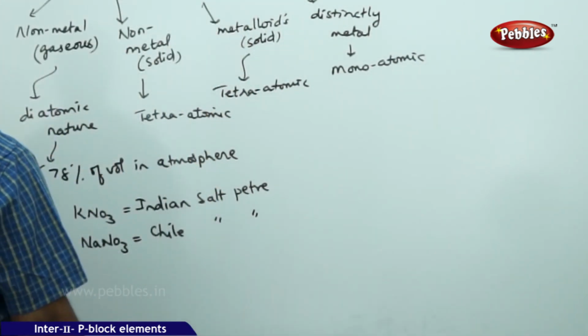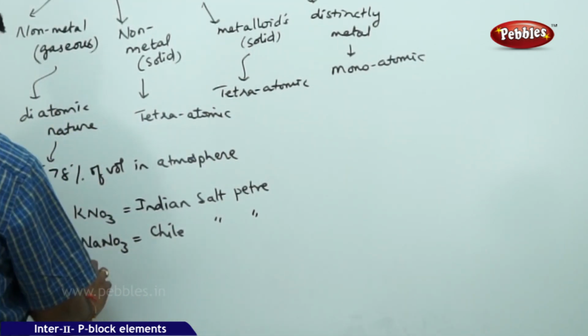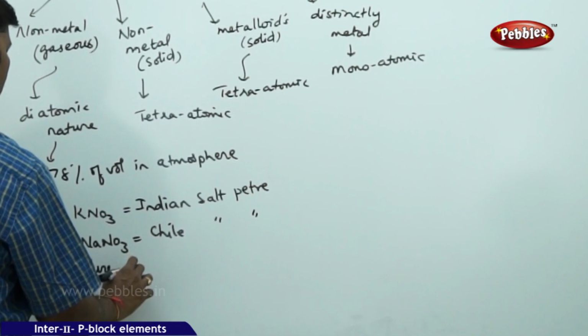Pure nitrogen can be obtained by fractional distillation of liquid air.